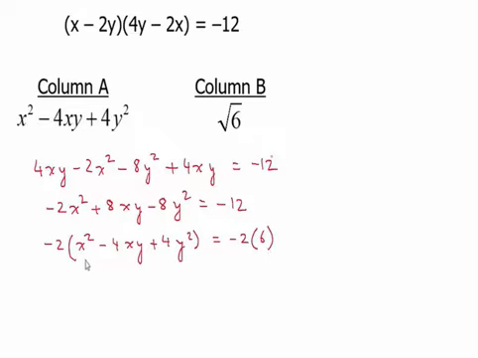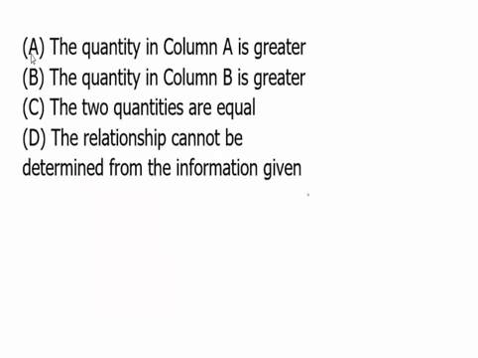Then we can divide both sides by negative 2, and we have x squared minus 4xy plus 4y squared is equal to 6. Now if you look at this, x squared minus 4xy plus 4y squared is exactly what we have in column A, and that's equal to 6. So we have 6 in column A, square root of 6 in column B, and therefore the quantity in column A is greater.